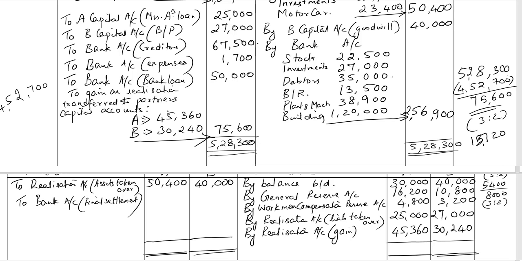We'll begin by totaling the credit side of partner A. The credit side totals to 1,21,360.